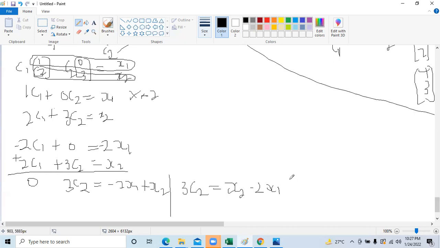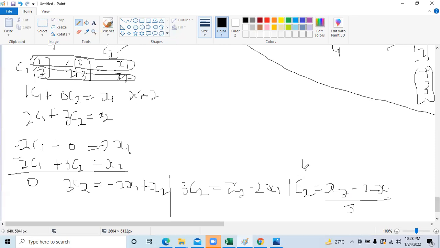So C2 equals X2 minus 2X1 over 3. Good. So this is the value of C2.